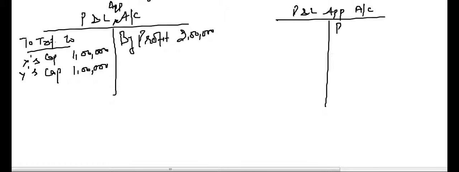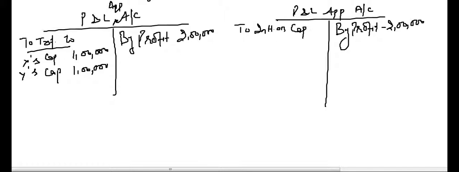right? What should have been the actual profit and loss appropriation account? If I talk of actual profit and loss appropriation account, then it would be by profit 2 lakh, right? Here to interest on capital, for X 10% of 1 lakh 10,000, and for Y 10,000.